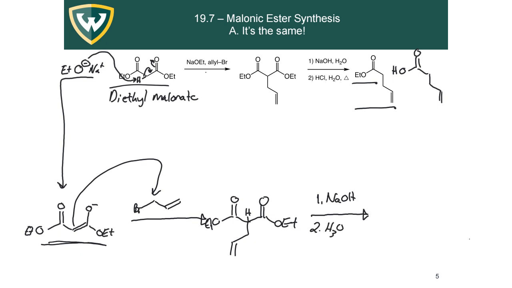Sometimes you'll see H3O+, H2O, and this typically leads to this diacid compound shown here. If you're careful about it, you might be able to form a monoester, monoacid, and then upon heating, this reaction decarboxylates. That is to say, it loses carbon dioxide to afford the monoalkylated product.